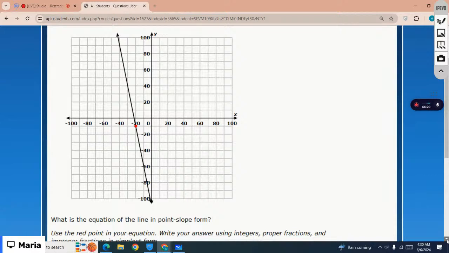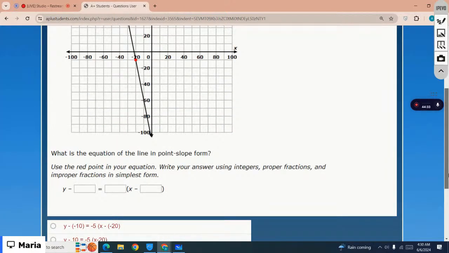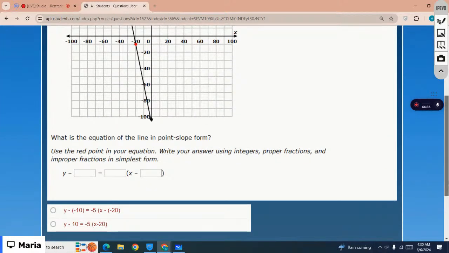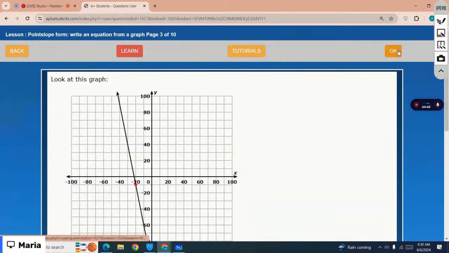So the correct option is option number 1. Y minus 10 equals negative 5 times x minus 20. Option number 1 is the correct option.